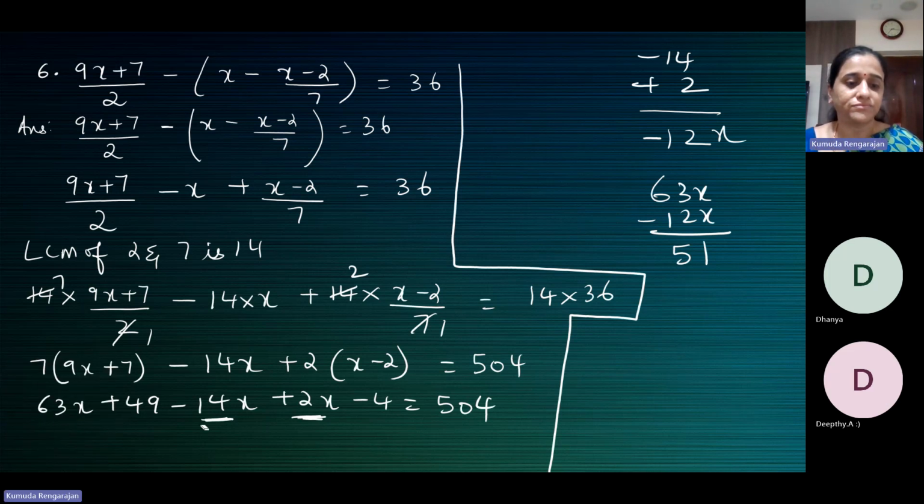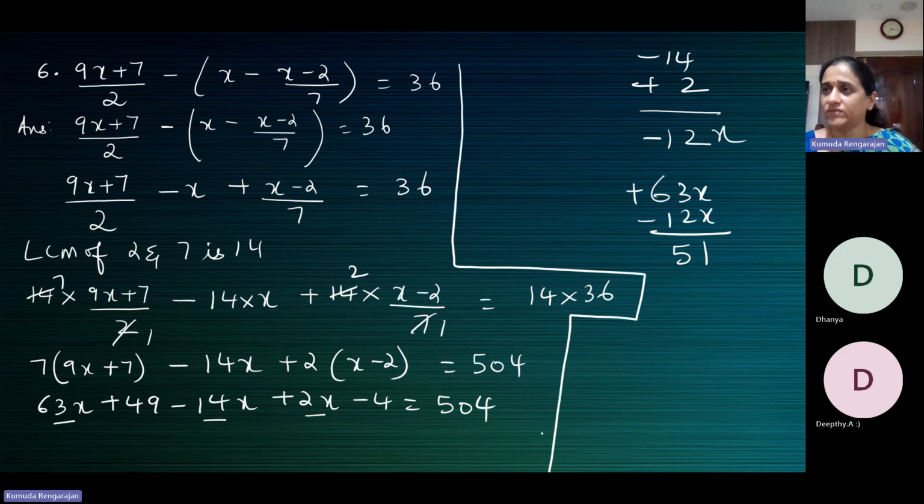Yeah, tell me. No, 63x minus 14x plus 2x. What's the result? What is minus 14x plus 2x? Minus 12x. Now 63x minus 12x. 63 is plus 63, so different signs.